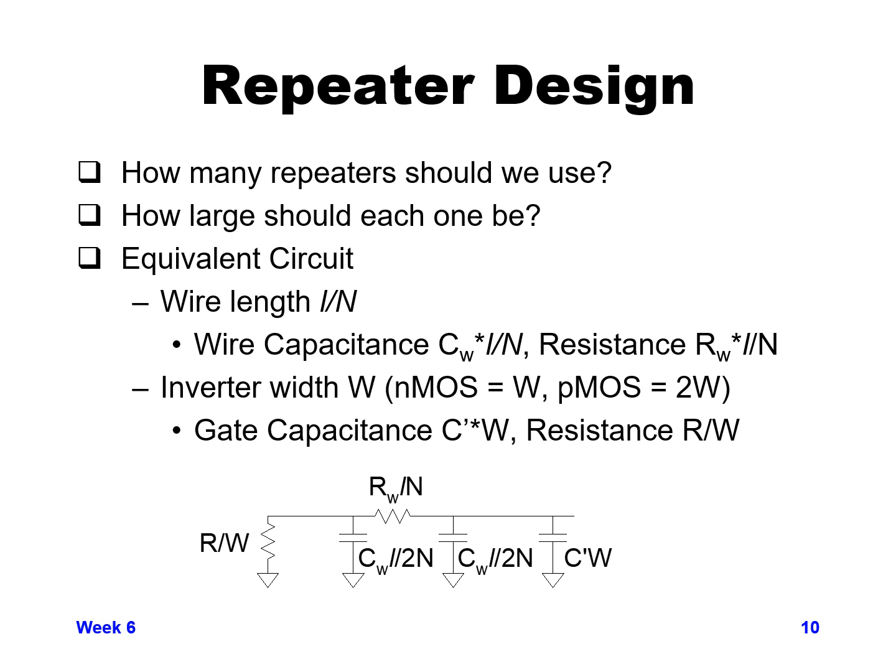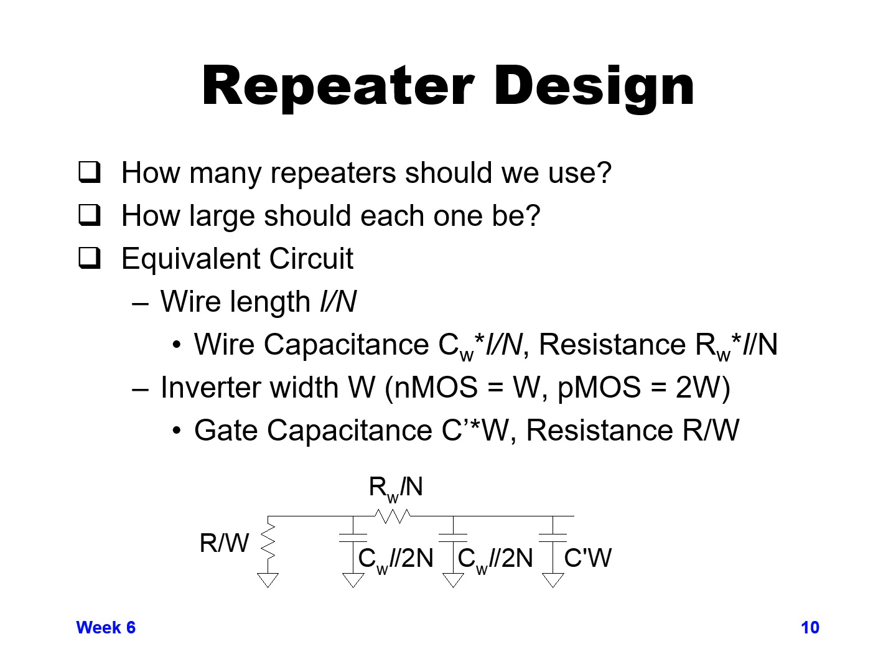This means your wire capacitance will be your capacitance per unit width times L divided by N. Your resistance of your wire is going to be your resistance per unit width times L divided by N. And then, of course, you can model your inverter width, which is going to be your NMOS width, and your PMOS two times the width of that if you have a normal sized inverter.